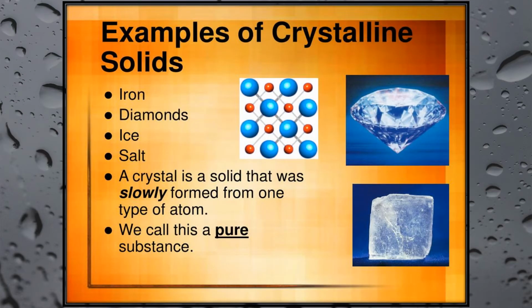Iron, diamonds, ice, salt, a crystal. A crystal is a solid that was slowly formed from one type of atom. We call this a pure substance.